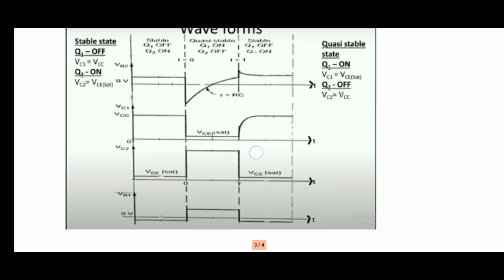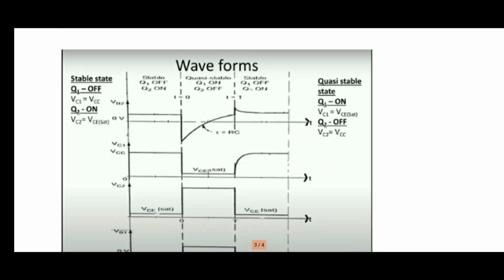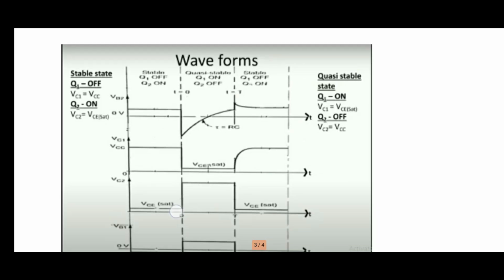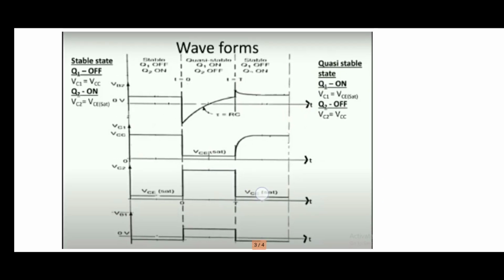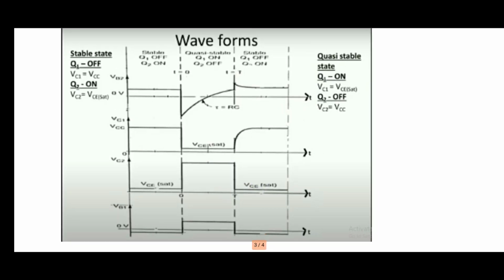Let us see the graph of VC2. In the first slot Q1 is off and Q2 is on, so VC2 is VCE saturation. Then it goes to VCC, and again it comes to VCE saturation. Now we can discuss the base voltages of Q2 and Q1. Again in the first condition Q1 is off and Q2 is on.